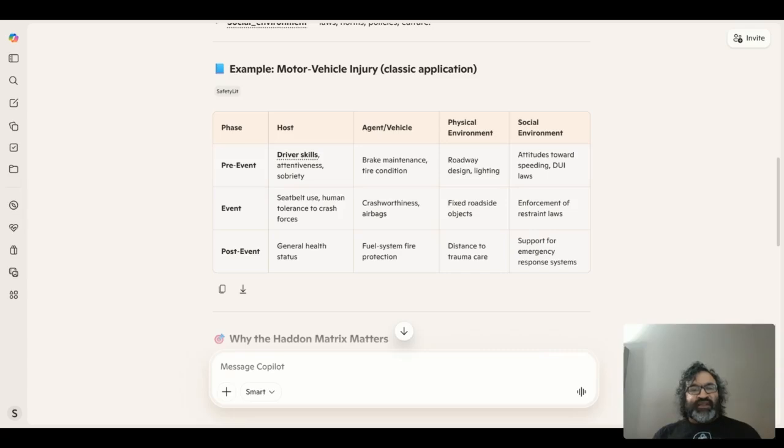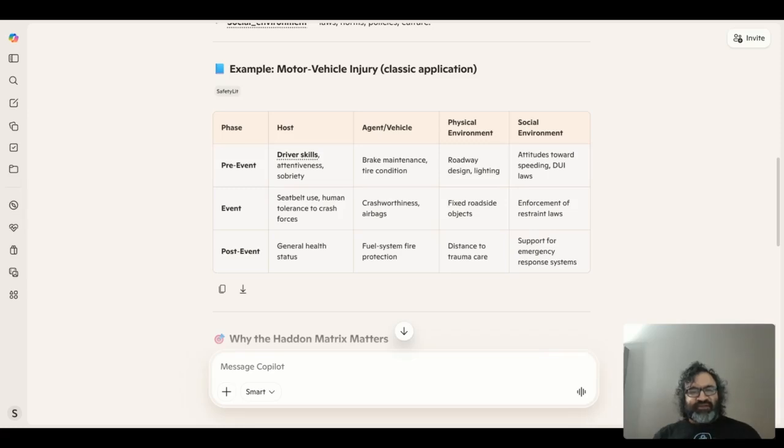During the event, that's the injury. What is going on? It focuses on reducing severity. There's not a huge occupational health or injury prevention department at Johns Hopkins, but there is a considerable amount. So phases are pre-event, event, post-event.